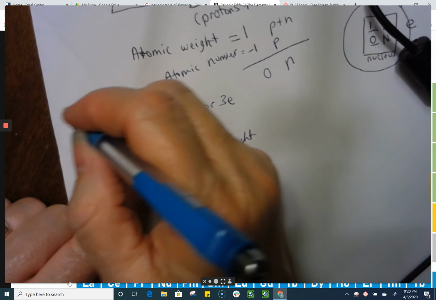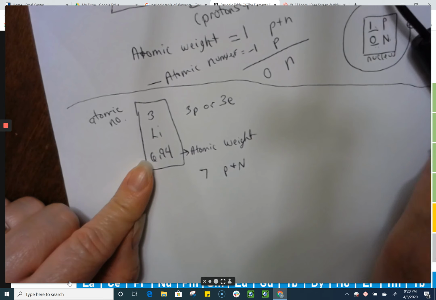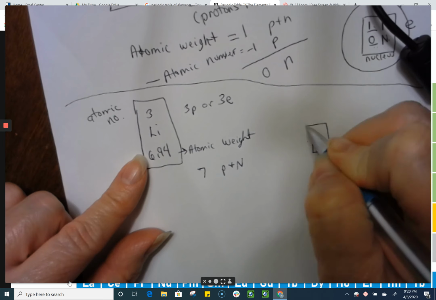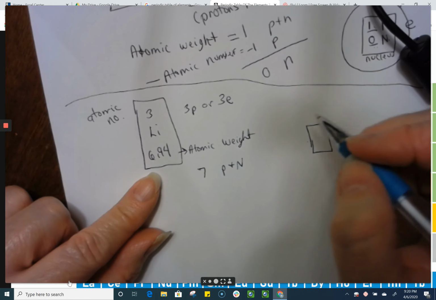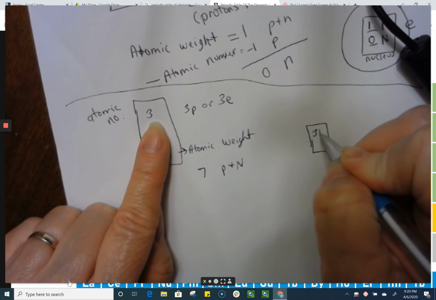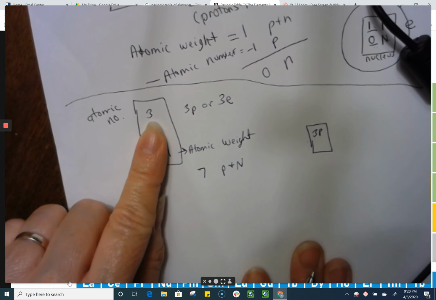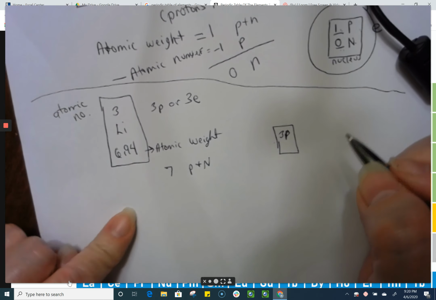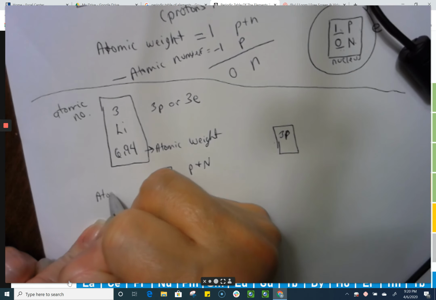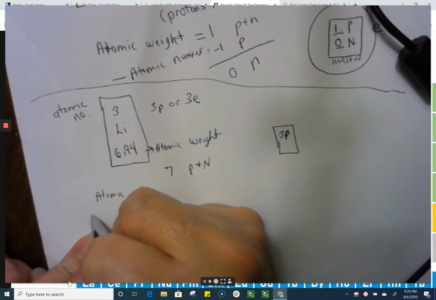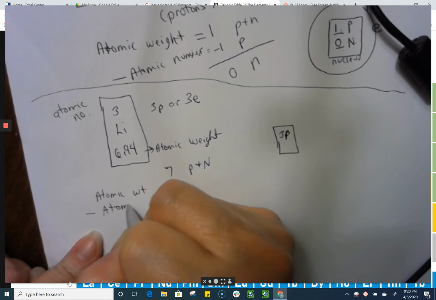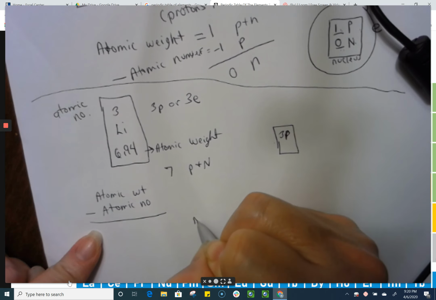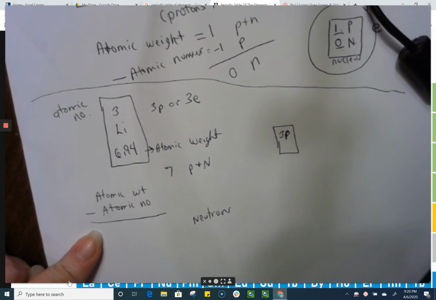So if I was going to diagram an atom of lithium, I'm going to draw my nucleus. And the number up here tells me my protons. So it has 3 protons. And then to find the neutrons, I'm going to subtract. Remember, I take the atomic weight and subtract from it the atomic number, and that gives me my number of neutrons.